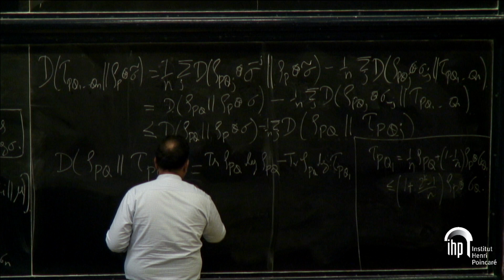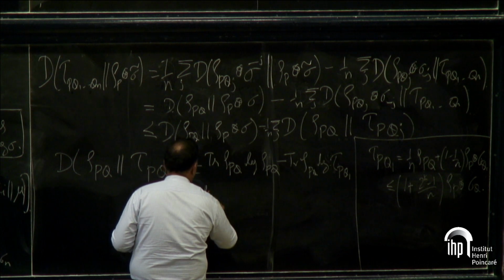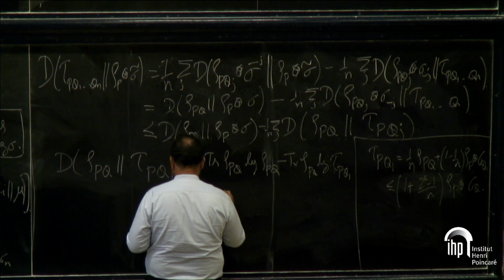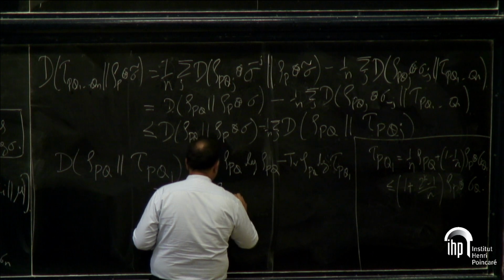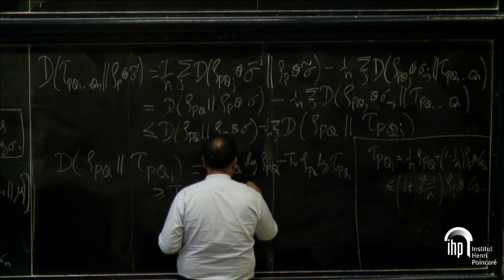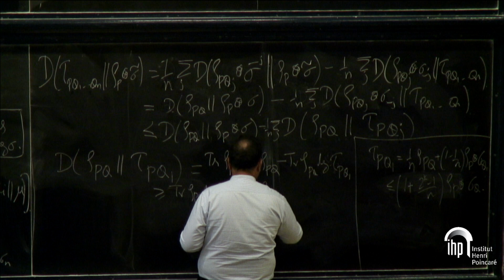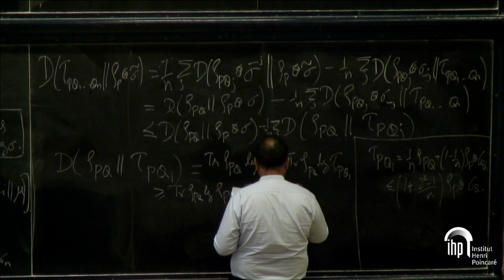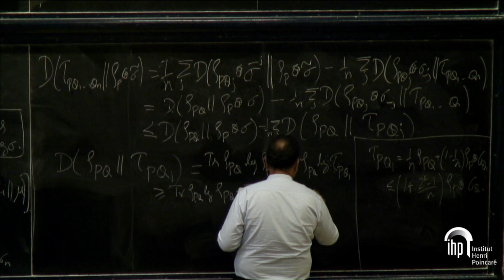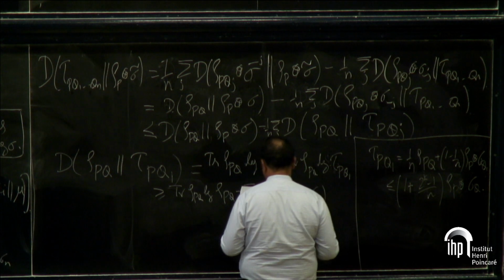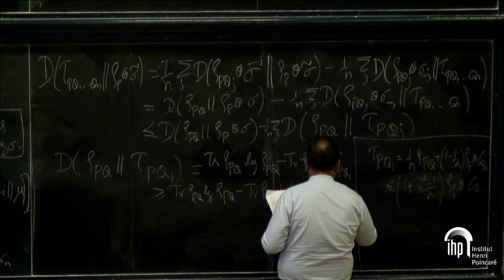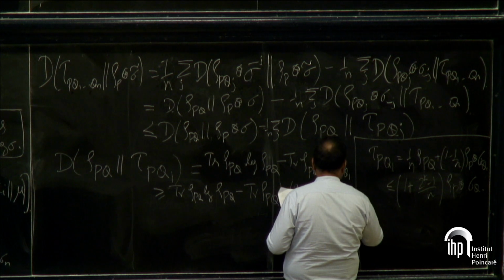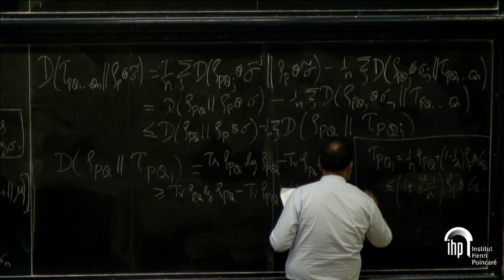trace rho PQ log rho PQ minus trace rho PQ log rho P tensored sigma q minus log 1 plus 2 to the k minus 1 over n.